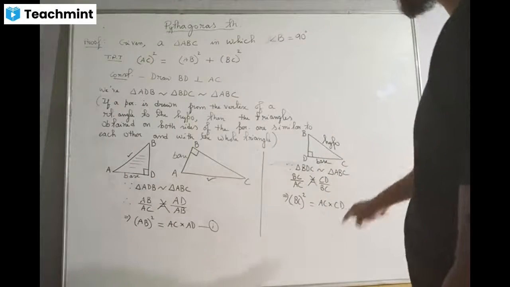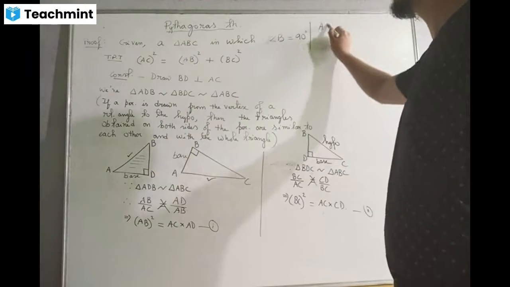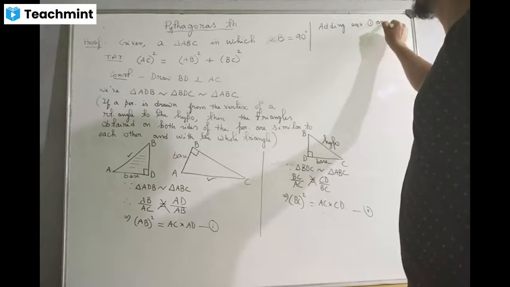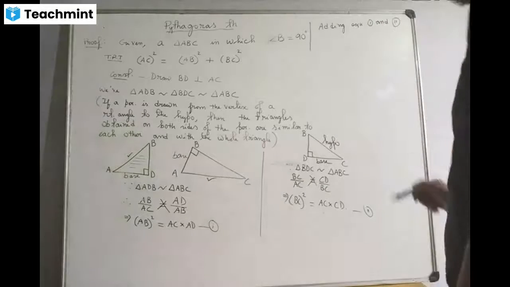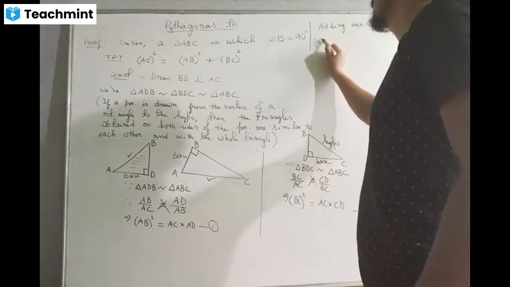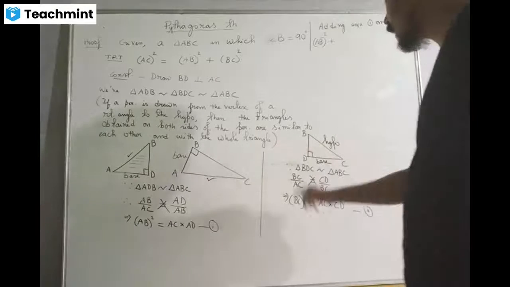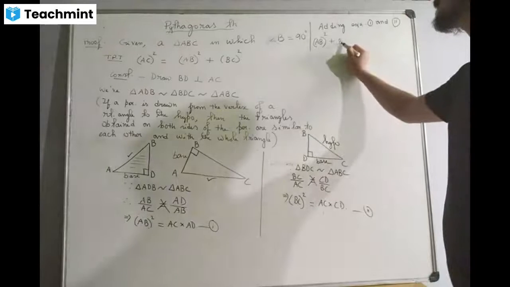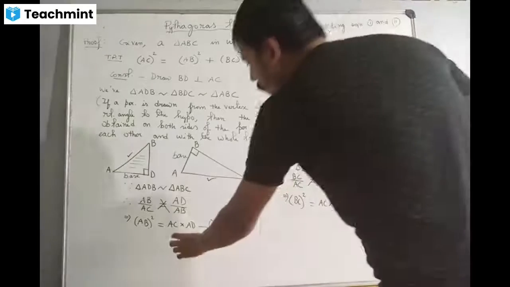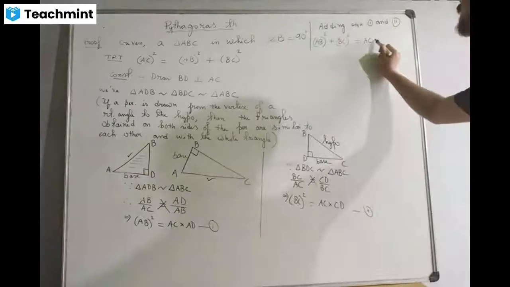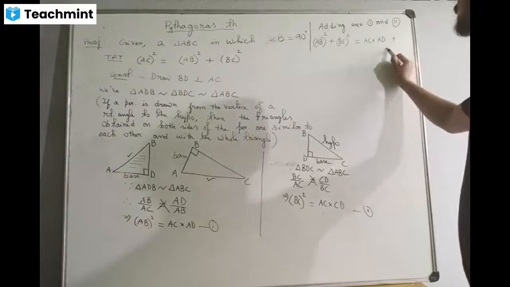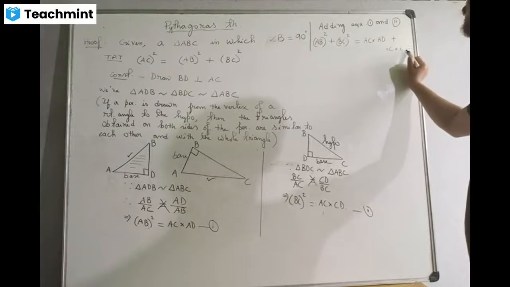So adding equation 1 and 2, the left-hand side of the first equation should be added with the left-hand side of the second equation, which is equal to the right-hand side of the first equation, AC into AD, added with the right-hand side of the second equation, AC into CD.